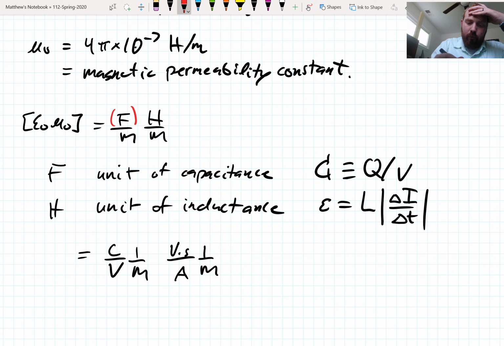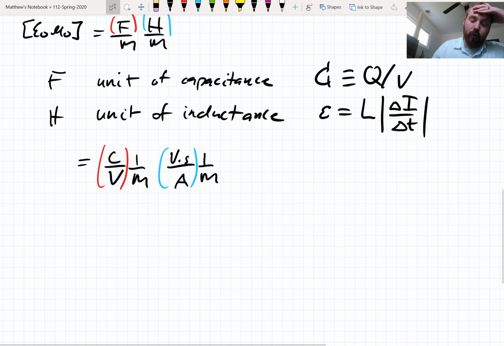So we went from farad to this, and then henry to that. That's what we're doing. All right, so let's simplify this. I automatically see voltage, so we're going to cross those out. And we'll reduce this down to a coulomb times the second per meter squared amp.